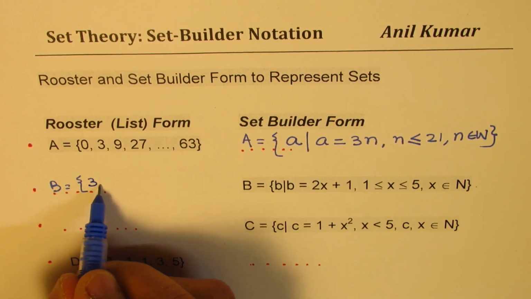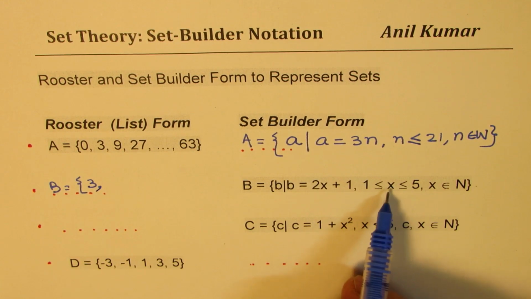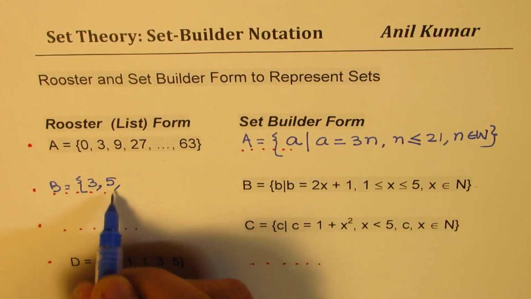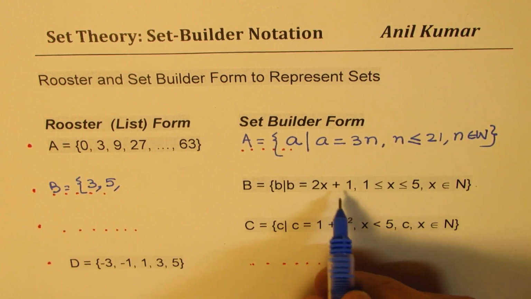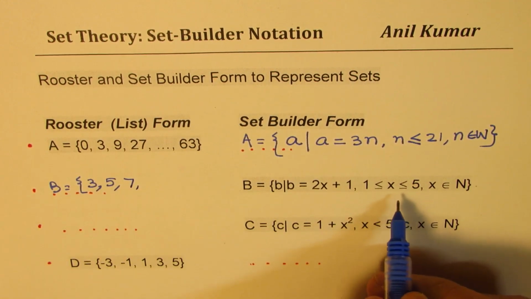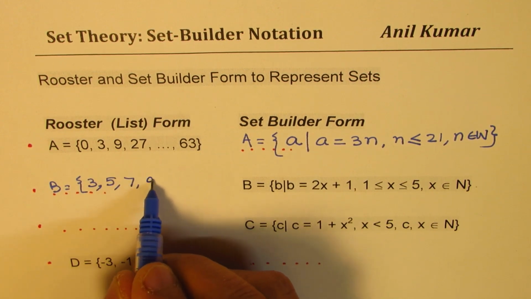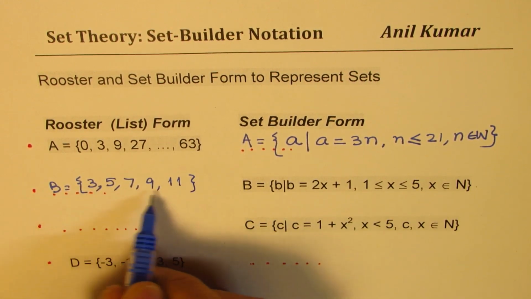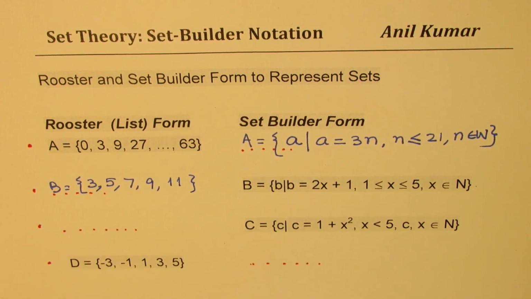So we get the first element as 3. For x equals 2, we get 4 plus 1 as 5. For 3, we get 7. For 4, we get 9. And for 5, we get 11. So we get these 5 elements for set B.